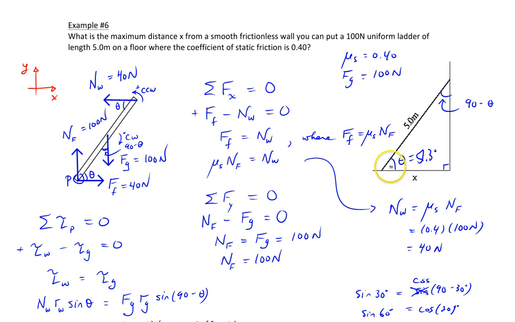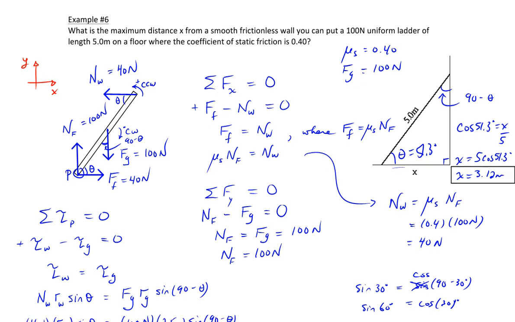If this angle down here is 51.3 and you know the hypotenuse is 5, we can use the cosine of 51.3 degrees, which is the adjacent side, x, over the hypotenuse, 5. So x is equal to 5 times cosine of 51.3 degrees, which gives you an answer of 3.12 meters. And that's it for example number 6.